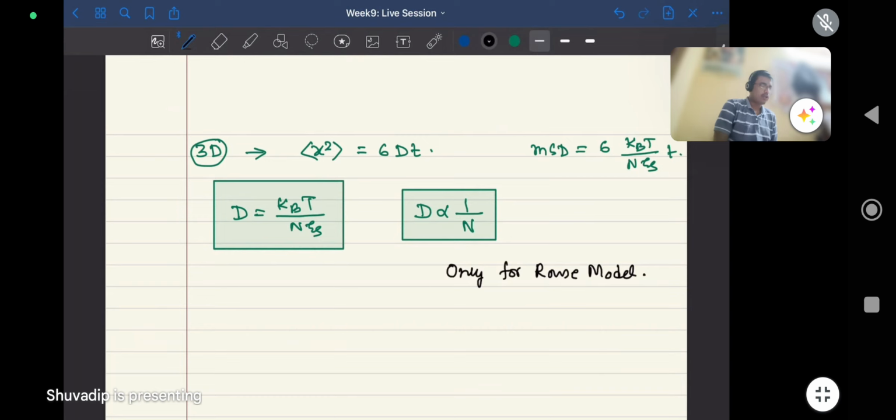So this diffusion constant is only approximate, giving an approximate behavior with respect to the number of segments, which gives the idea that if the number of segments is large, so the polymer is heavy, it will diffuse less. It is a common idea that if the object itself is heavier, then due to thermal fluctuation it will not move much, the diffusion will not be that strong.